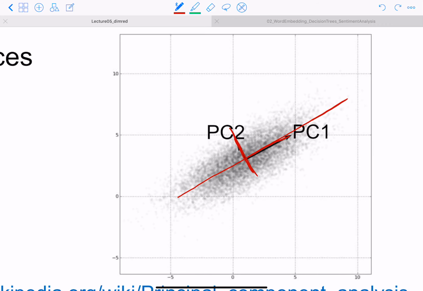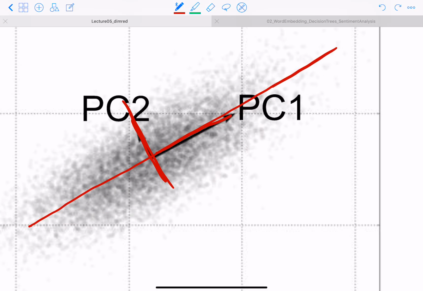Usually PC1 and PC2 are represented as orthonormal basis vectors. Suppose this axis is 3/5 and 4/5. This is one example of a unit vector that has a length of 1.